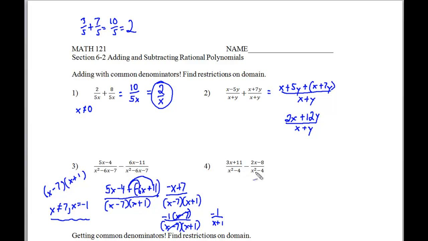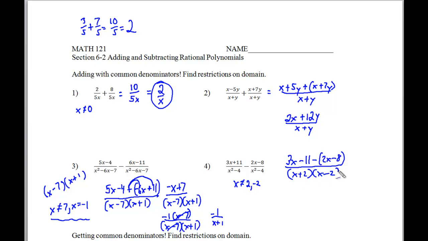Now from here you can see in our denominator we got x squared minus 4, so I already know my excluded values. x cannot be equal to 2 and negative 2 because this is the difference of squares. But let's put the numerator together here: 3x minus 11 minus parentheses 2x minus 8, all over x plus 2, x minus 2.